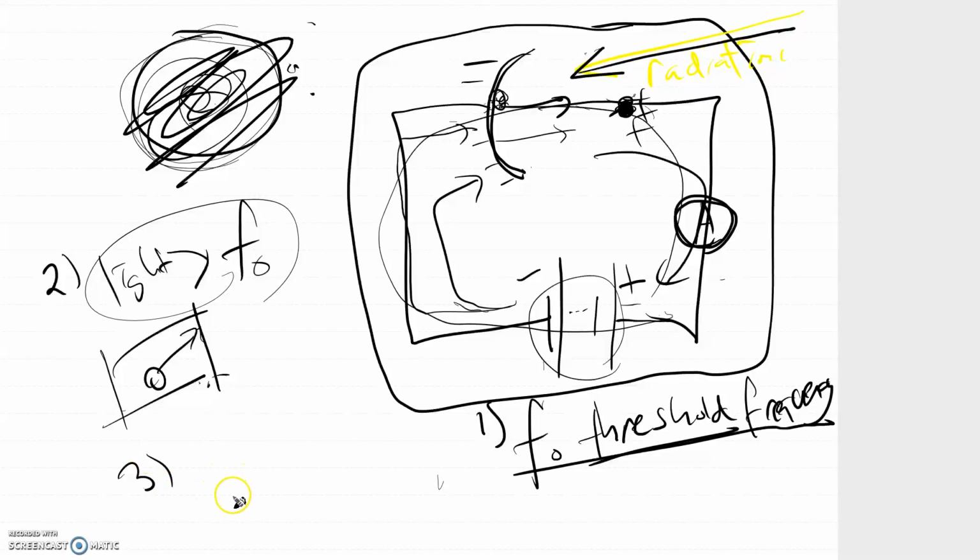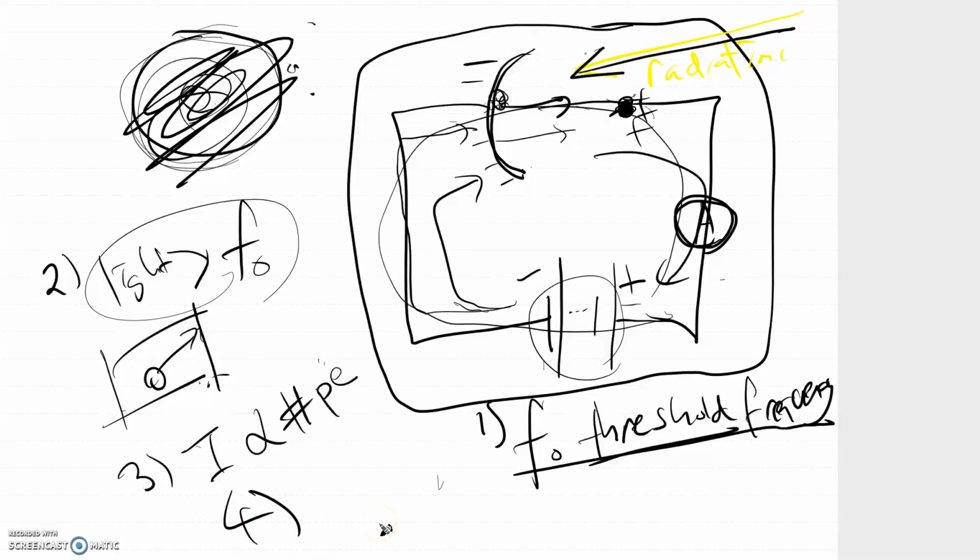And the third thing was that the photoelectric current depended on the intensity of the light, because the intensity of the light is proportional to the number of photoelectrons. And if you have a greater number of electrons, okay, and so on.